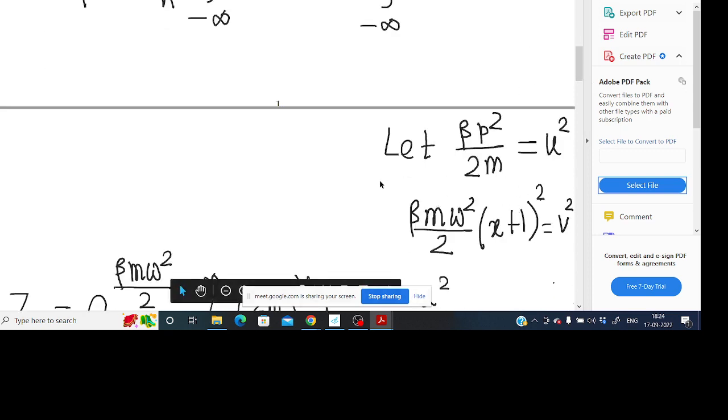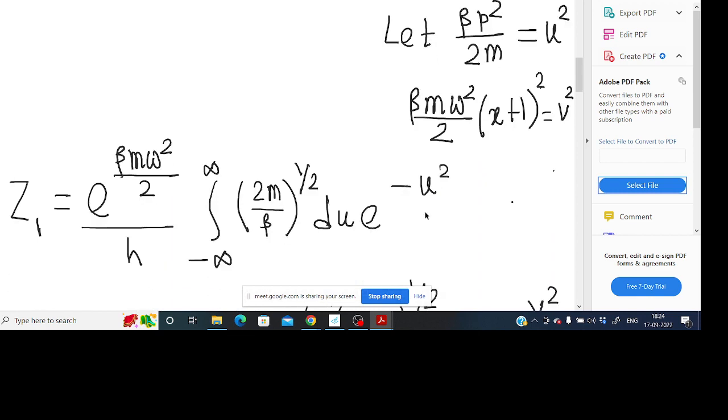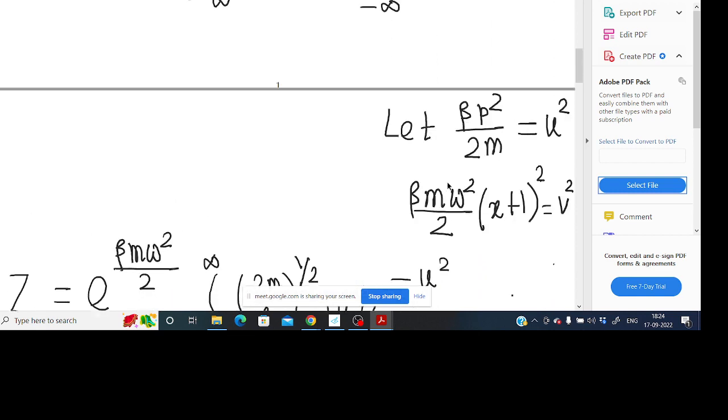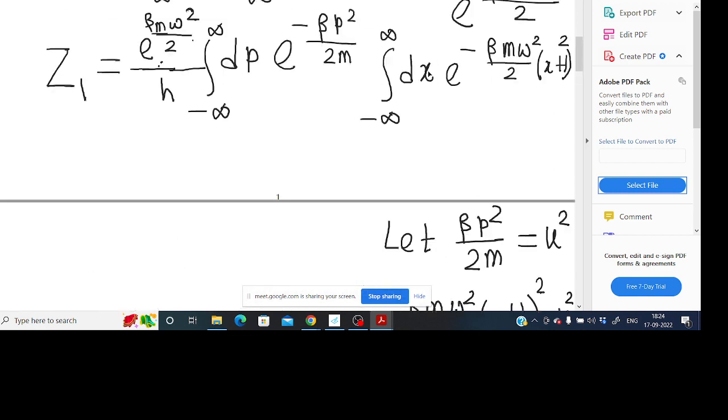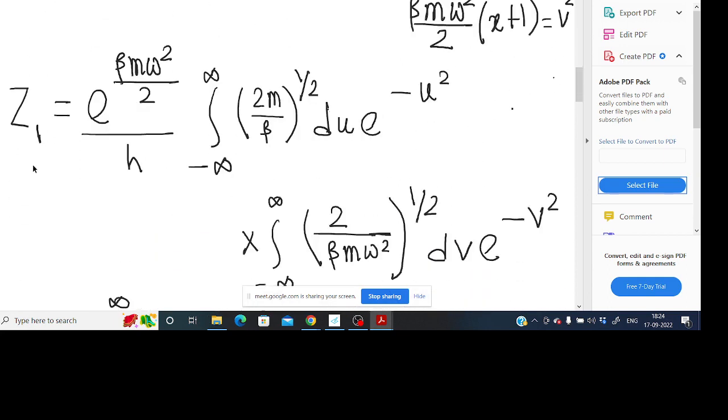Okay, clear? Yes, sir. So I have just replaced these two things, then we get this equation. Okay, Z1 equal to this thing.